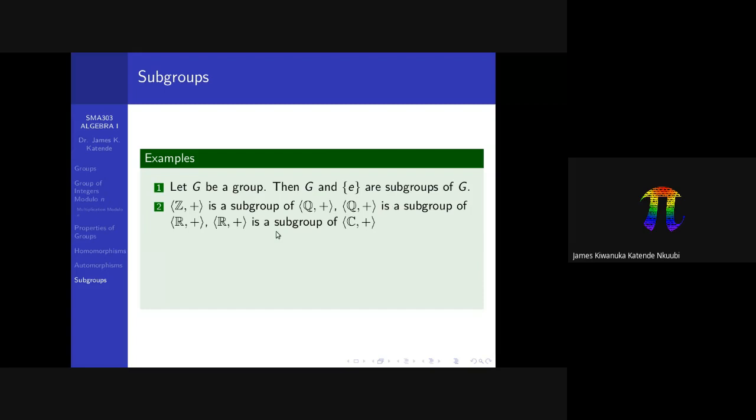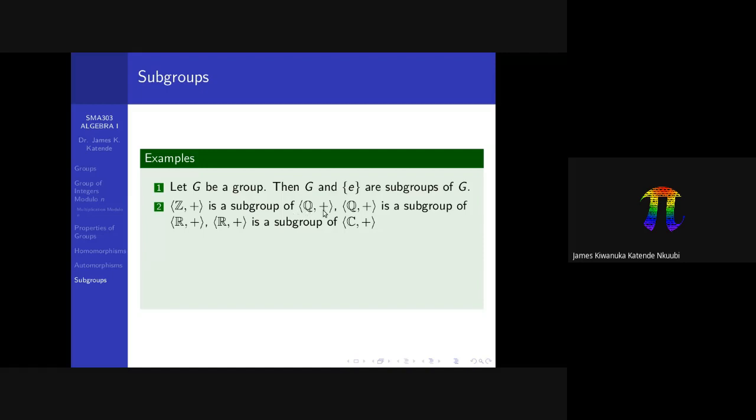So the next is a set of examples we have already seen. We know that the set of integers, I hope you're familiar with these symbols, this Z simply means the set of all integers. This symbol here simply means the set of all rational numbers. So the set of integers is a subset of the set of rational numbers, right?